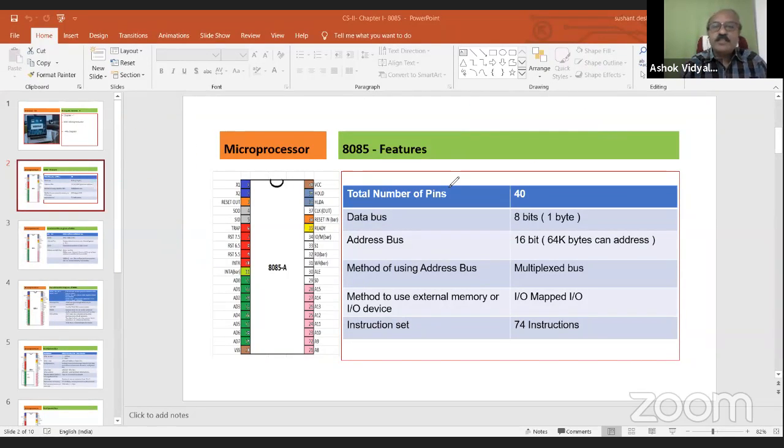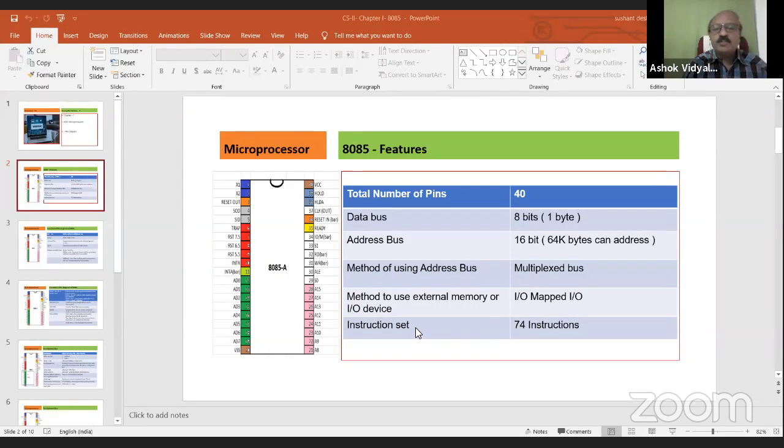The next feature is the method of using the address bus. Here we see that the method is a multiplexed bus. We will see in detail what we mean by multiplexed. The method of use for external memory or IO device is IO mapped IO.